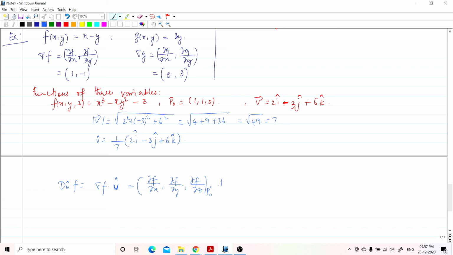Your v vector may be written as 1 upon 7 (2, minus 3, 6); instead of vector notation, I am converting to coordinate notation. Initially, del f upon del x is 3x squared minus y squared. Del f upon del y is minus 2xy. Del f upon del z is minus 1, evaluated at the point p naught.